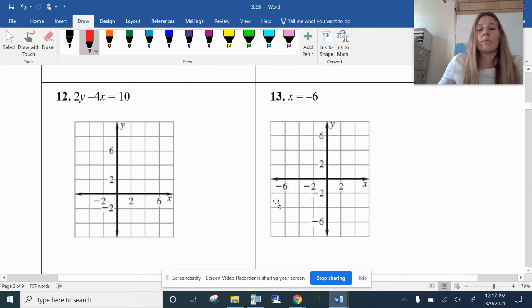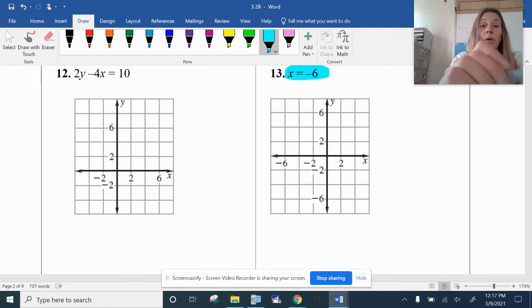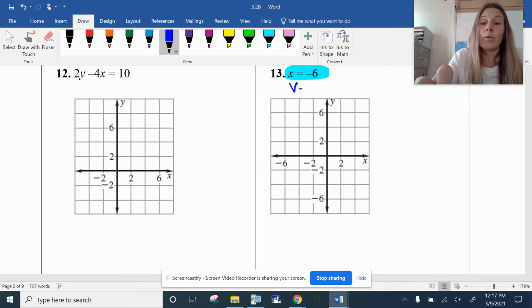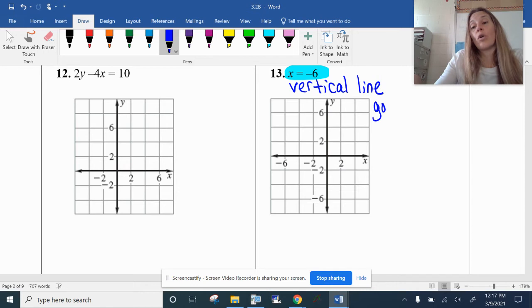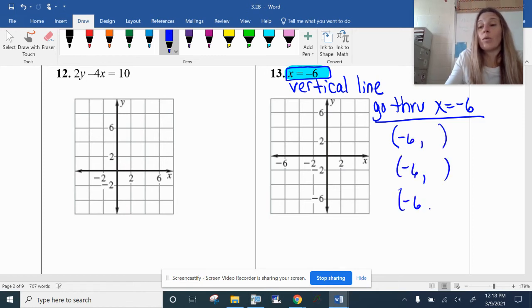Okay, so I'm going to move down to number 13 because I want to make sure we look at a problem like this. So when you have an equation that's just x equals a number, you really should just remember or try to memorize that this is going to be a vertical line, okay? And it's always going to go through x equals -6, okay? So think about this for a minute. What does this mean? If x equals -6, that means every point on this line is going to have an x value of -6.